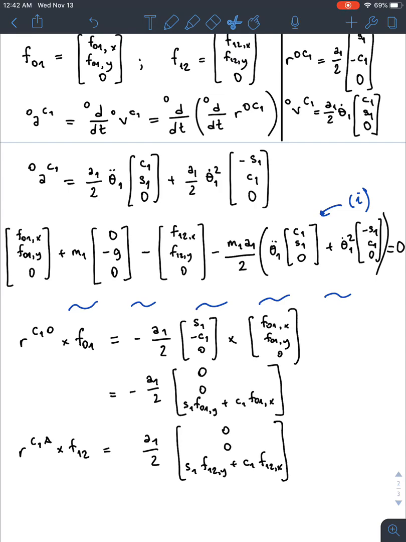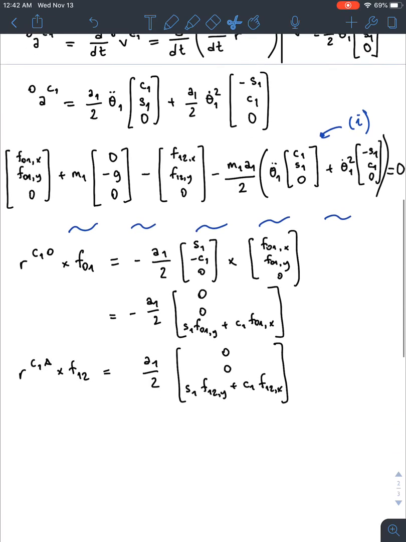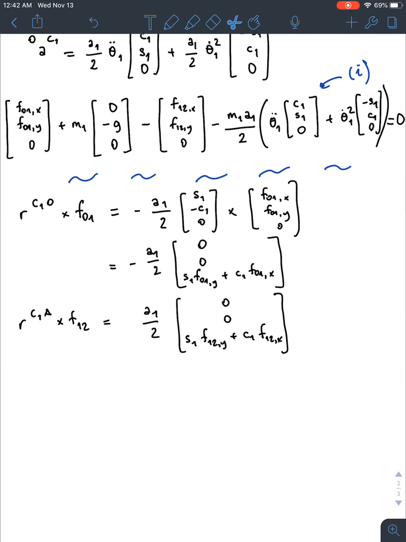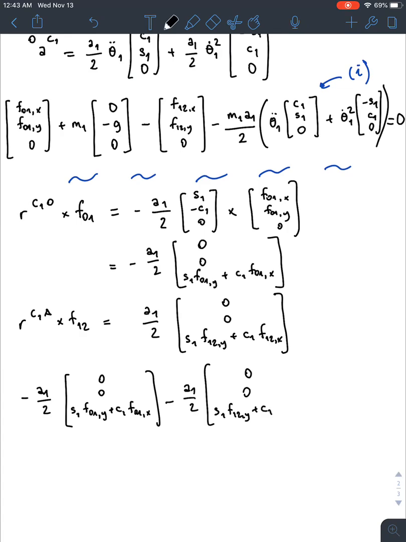Next up, we write that second equation, which reads something like this one first, plus C1 F1x, and then minus this one, which now reads A1 over 2, (0, 0, sine 1 F12y plus cosine 1 F12x).